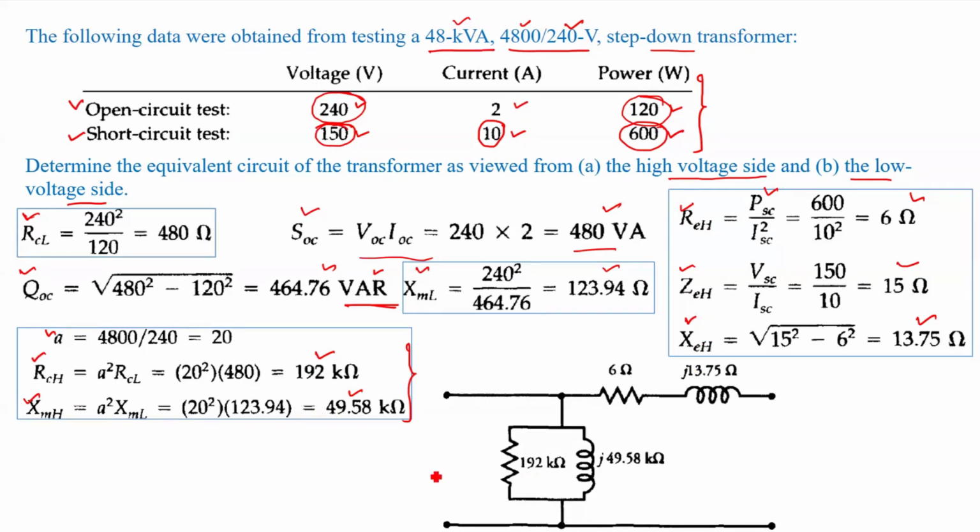So this is your circuit when the transformer is viewed from the high voltage side, that means all the parameters are referred to the high voltage side. This is your RCH, this is your XMH, this is your REH, this is your XEH. Okay, so we found the parameters.